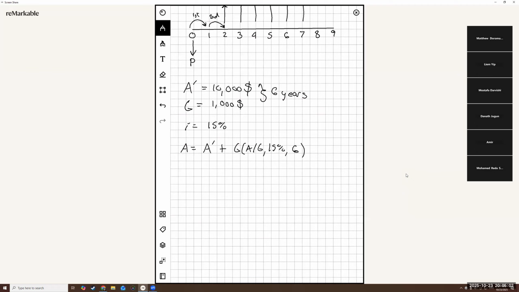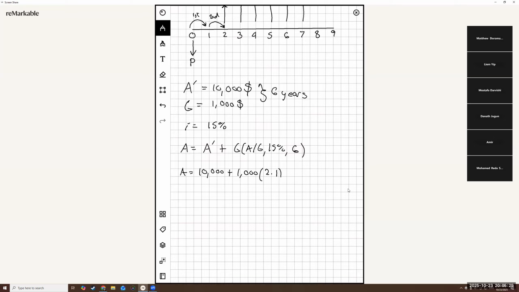Okay. So this will be equal to $10,000 plus 1,000. And what is this factor equal to? It comes out to approximately 2.1.